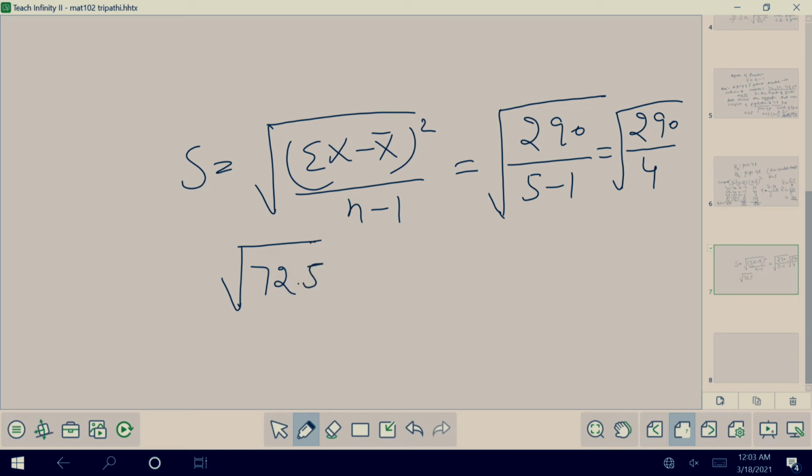So we need to calculate the square root. I hope you know the procedure to calculate square root, but still I am going to teach you. So what you have to do? 72, you have to put 0 to make pair.